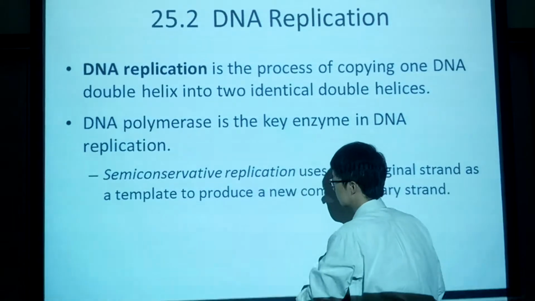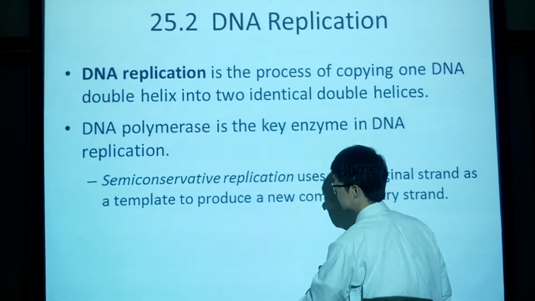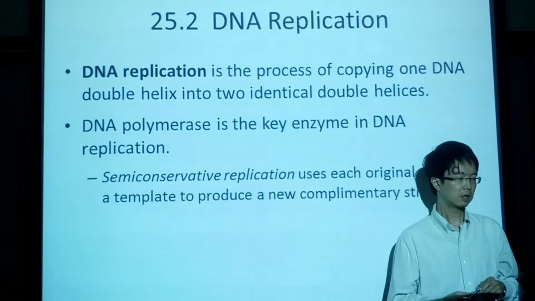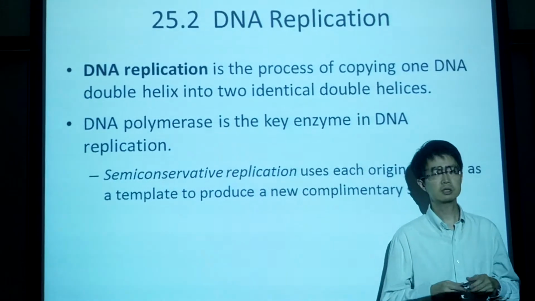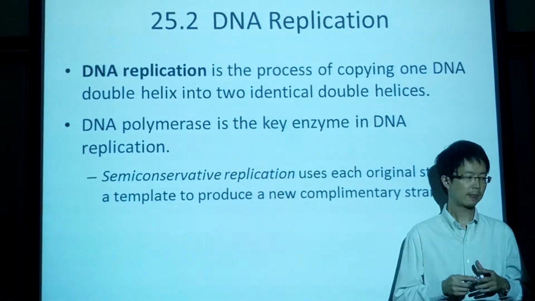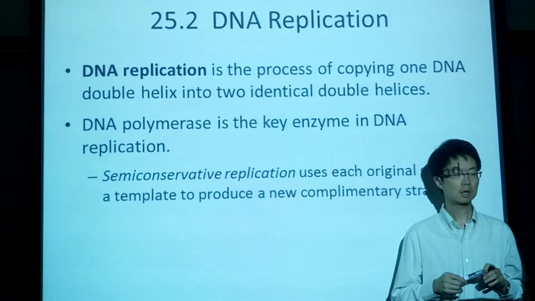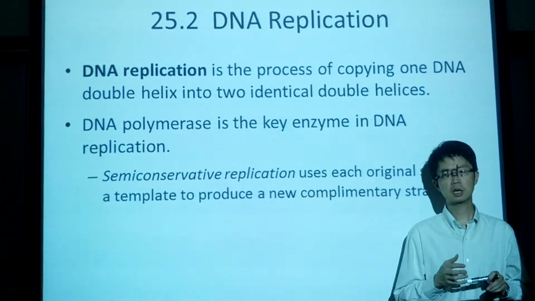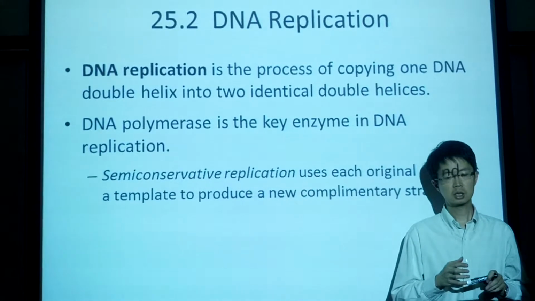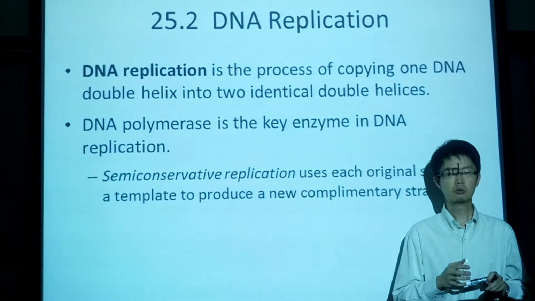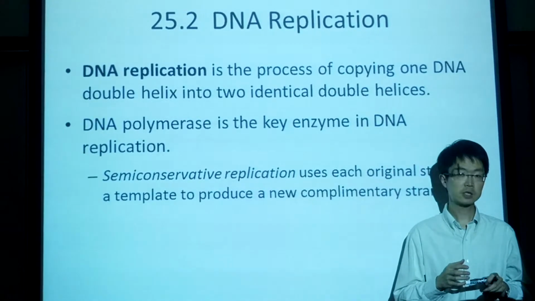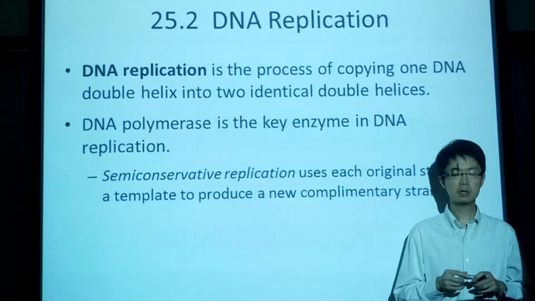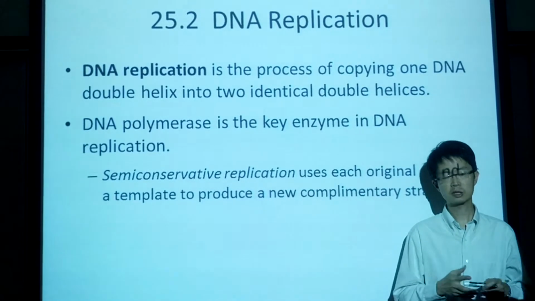Now let's continue with our lecture: DNA replication. Remember in the last online lecture, we talked about cell division, mitosis and meiosis. Remember when we talked about the cell cycle as well?